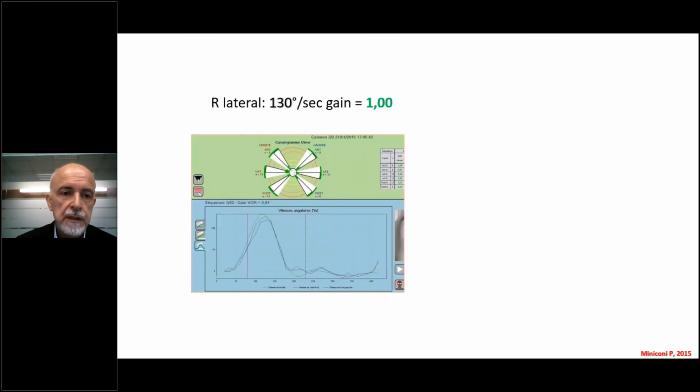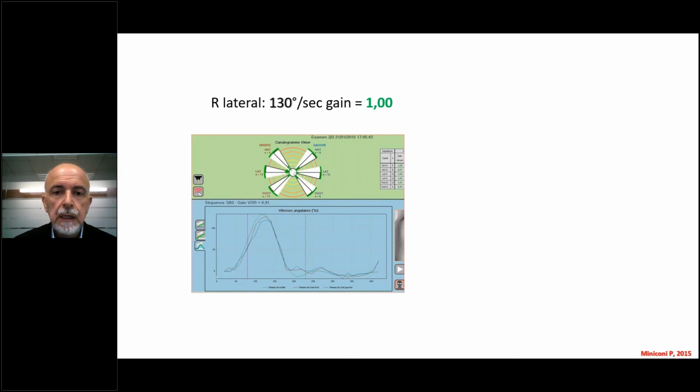Please look at this sample. This is a right lateral semicircular canal. If the head impulse is performed at 130 degrees per second, the gain is 1. So it appears all okay.